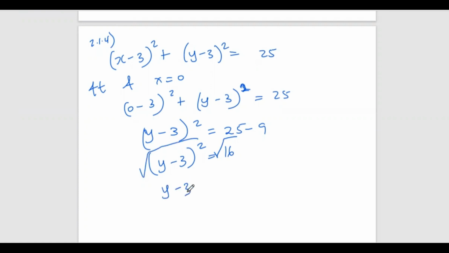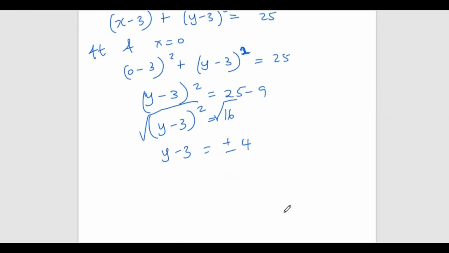So y minus 3 will give me plus or minus 4. I don't want to go the route of opening up, but you're still allowed to do that. You find the quadratic, and then you get your 2 values using the quadratic formula or factors. So my y is plus or minus 4 plus 3.